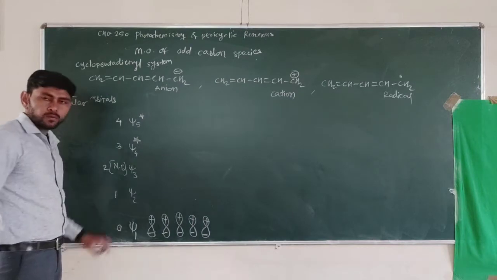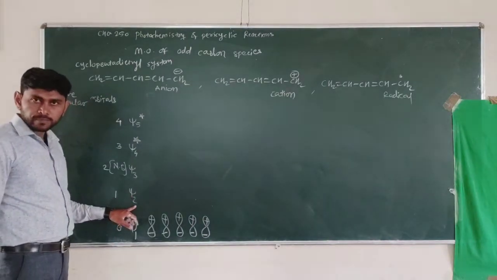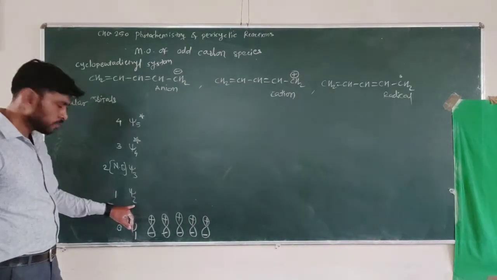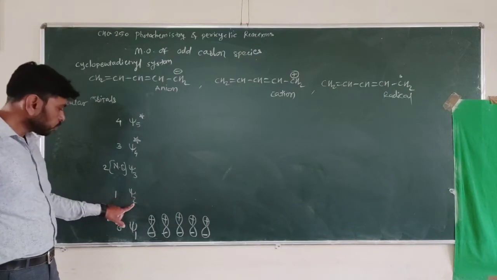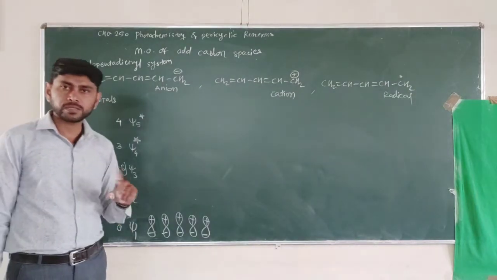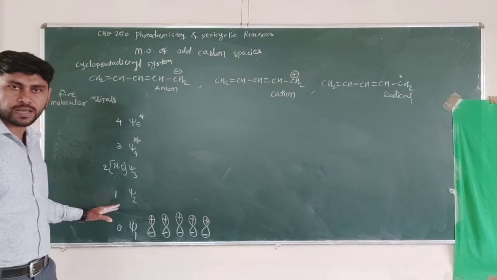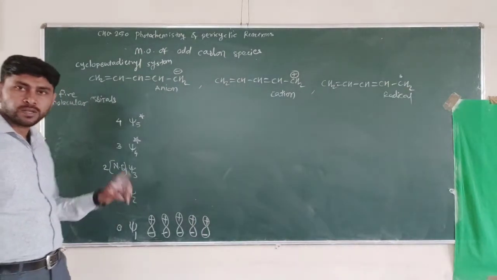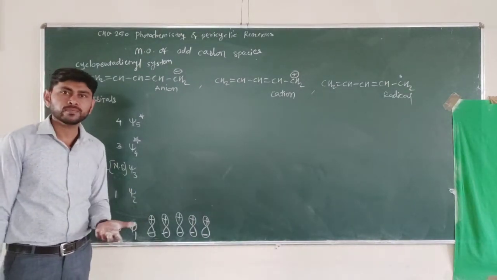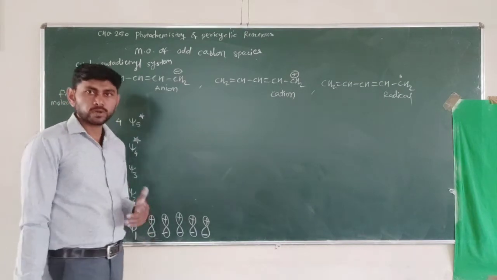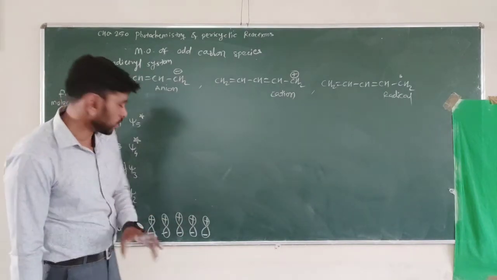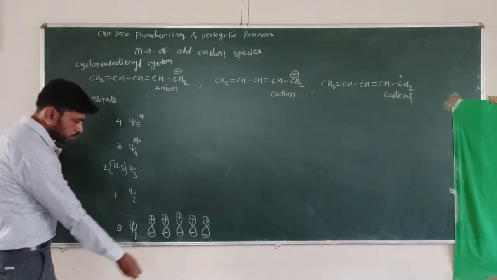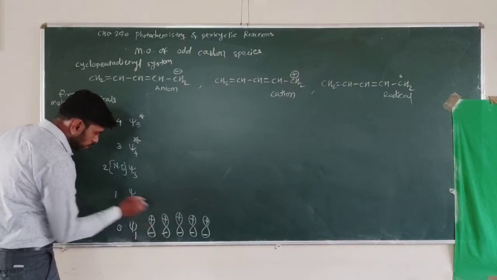This is 1 node. What is the rule for an even numbered orbital? The rule is that the first node passes through the nucleus and the remaining are in between the nuclei. So the first passes through the nucleus. So this is the second orbital, with 1 node only.